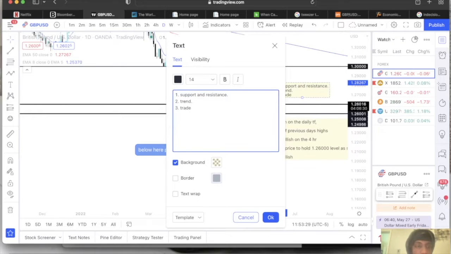Trade during the time the pair moves. GBP USD is a London session pair, so I will only be looking to take trades around 2 a.m. or better if my setup is there. If my setup isn't there, I'm just not gonna take the trade just because it's London session. Trade the setup during the session.